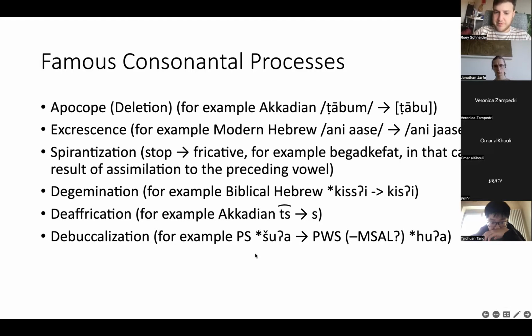So for example, we have the Proto-Semitic and Akkadian shu, shua, as opposed to Proto-West Semitic hu.